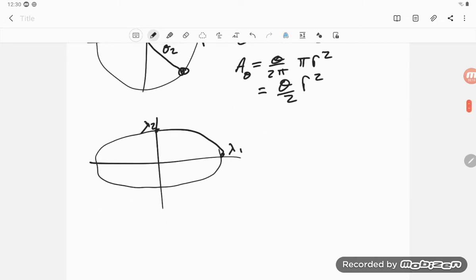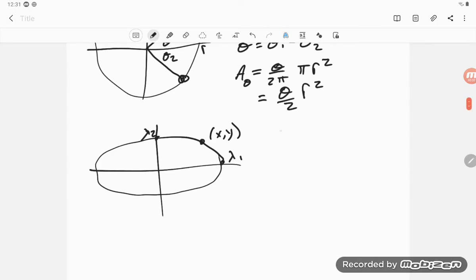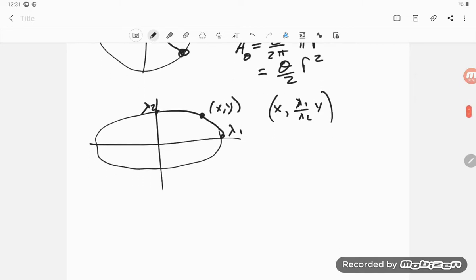Now, if I just want the area of this, a nifty little trick to get the formula is I can make this a circle by taking all the y values and multiplying by lambda 1 over lambda 2. See, here's a given xy value on that ellipse. And if instead I take x and lambda 1 over lambda 2 times y, I end up with a circle.